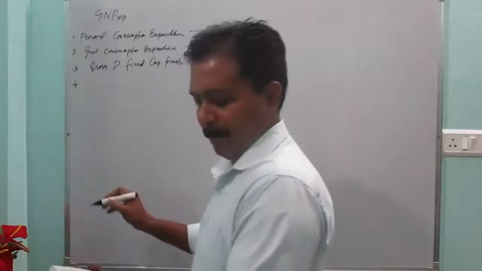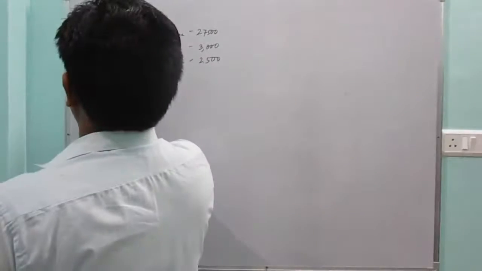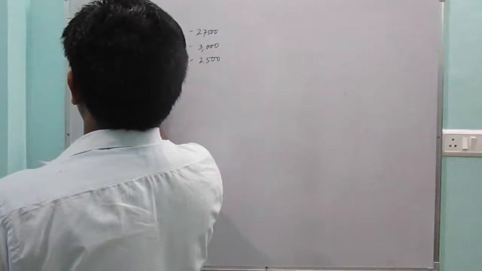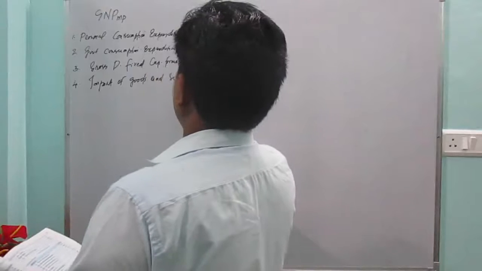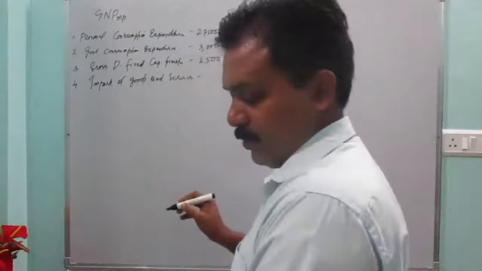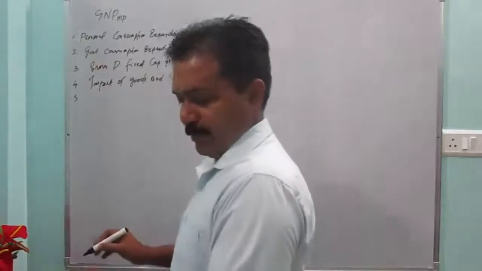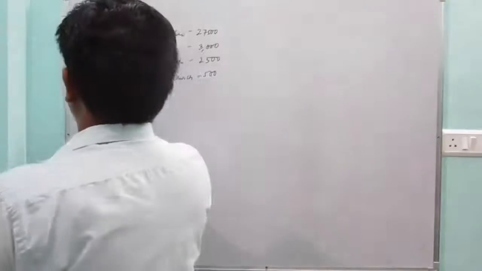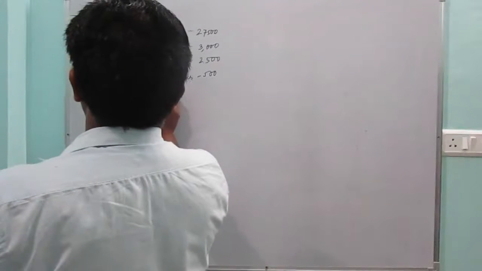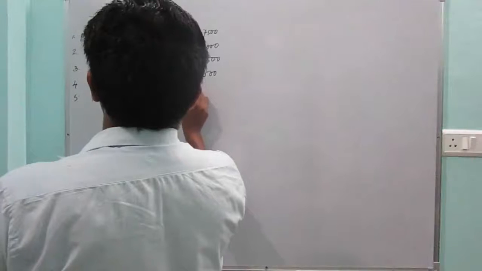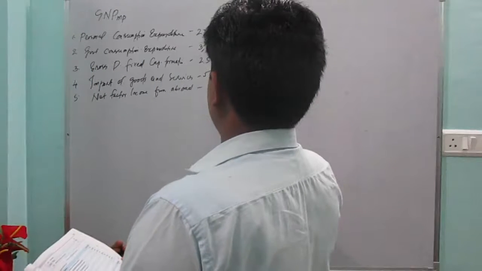Then import of goods and services is 500. Next one, net factor income from abroad is minus 250.